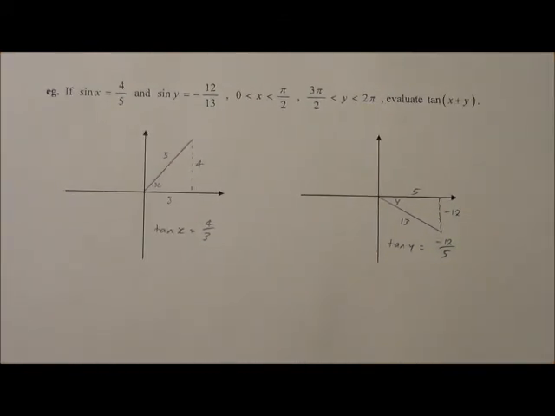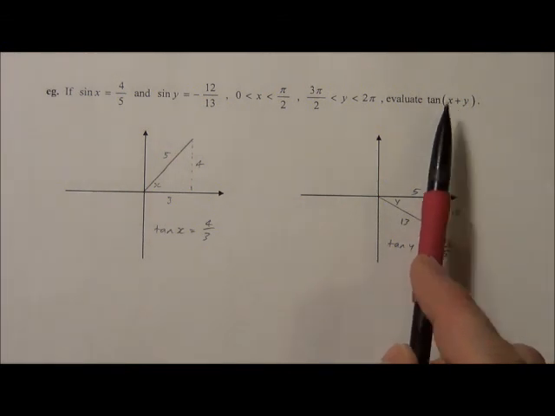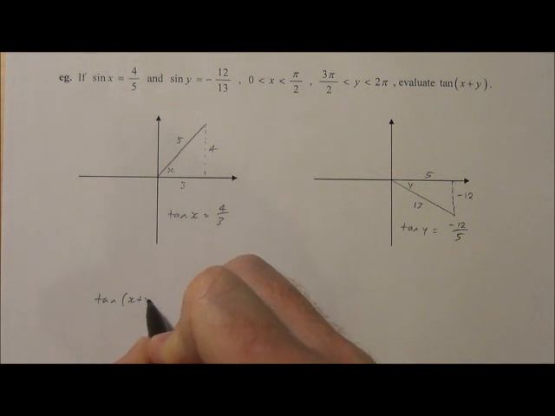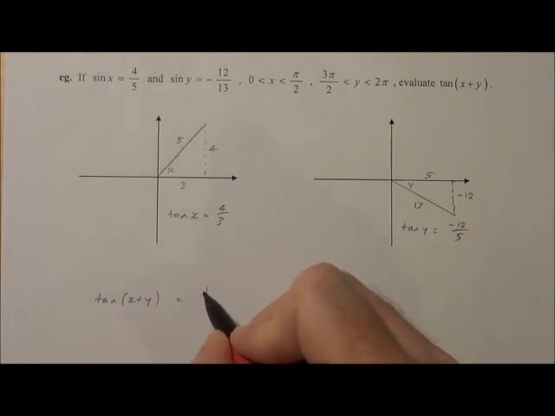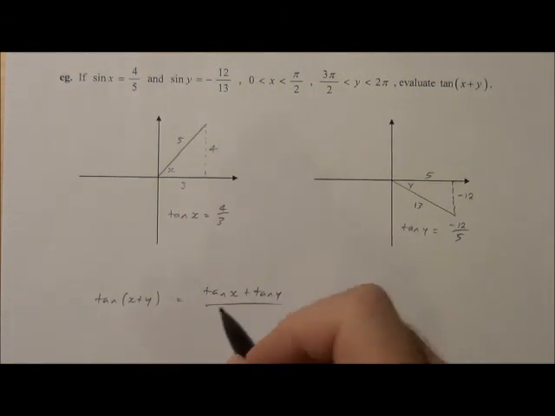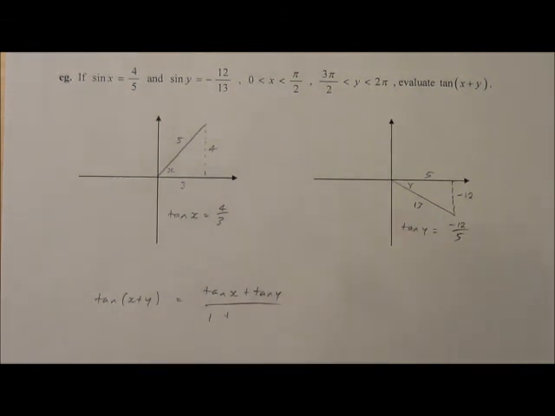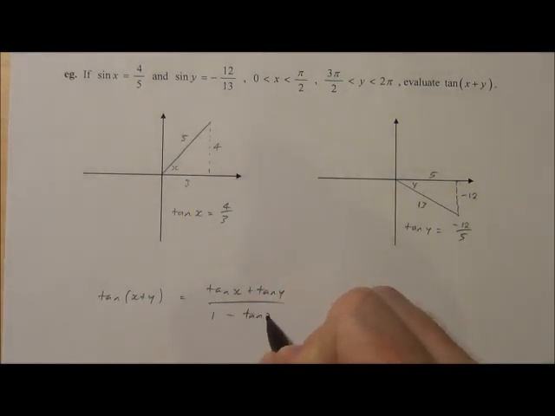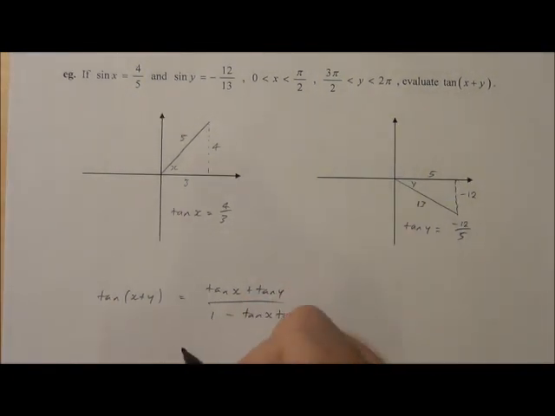And now from here we need to evaluate tan of x plus y. So the formula for tan of x plus y equals the tan of x plus the tan of y over 1 minus tan x tan y.